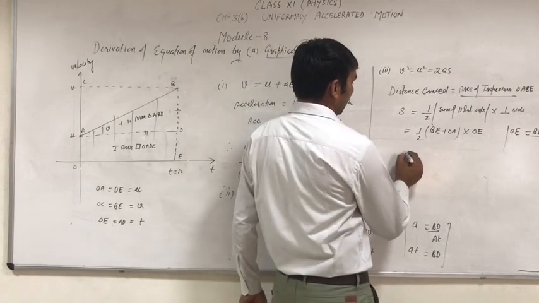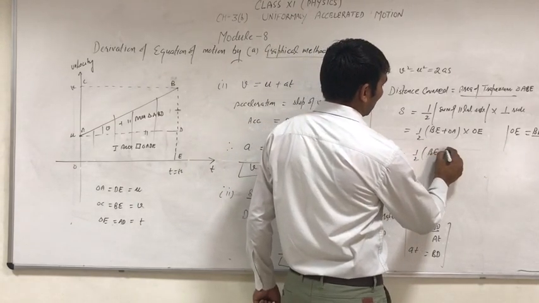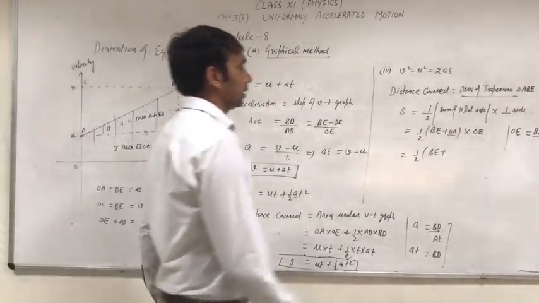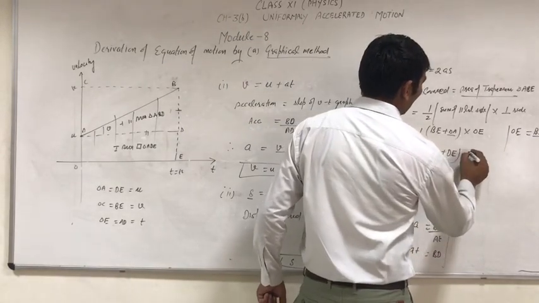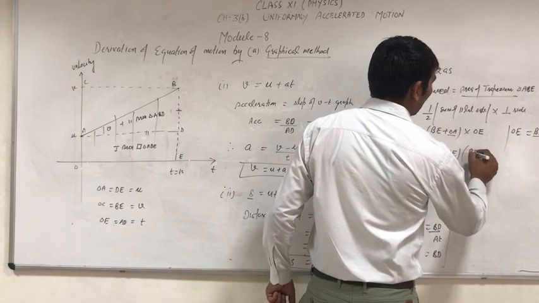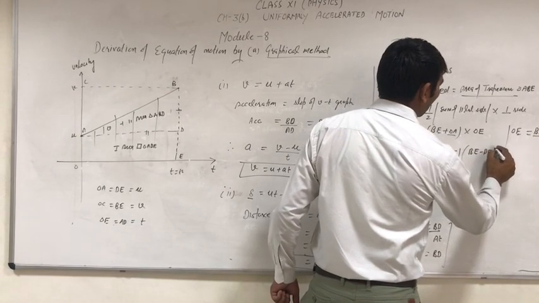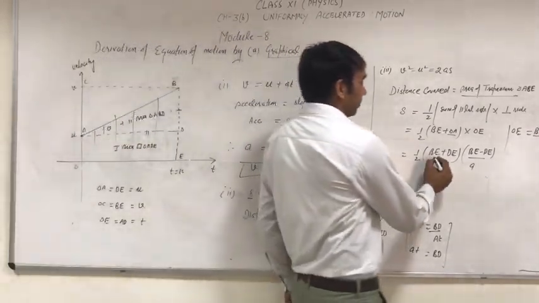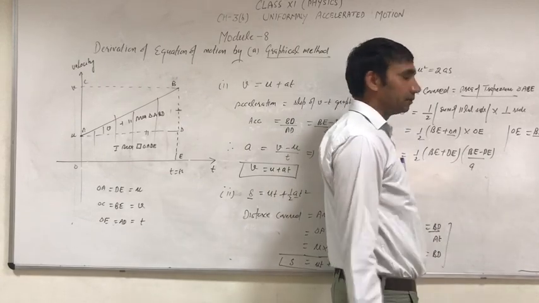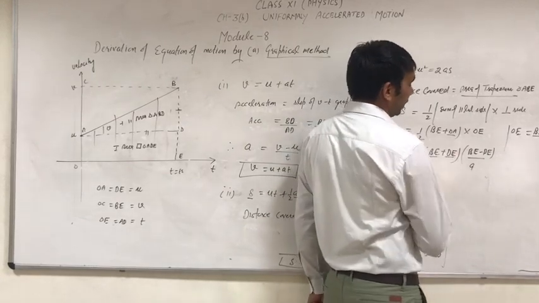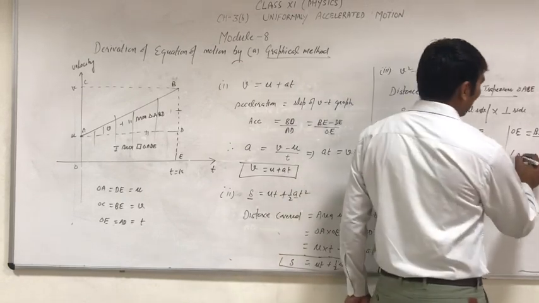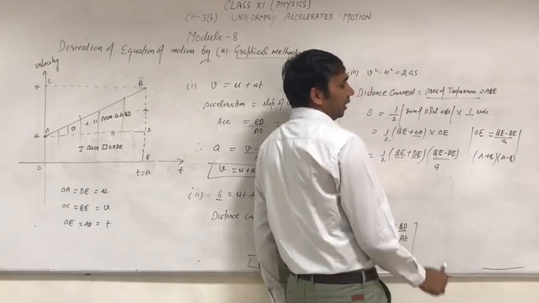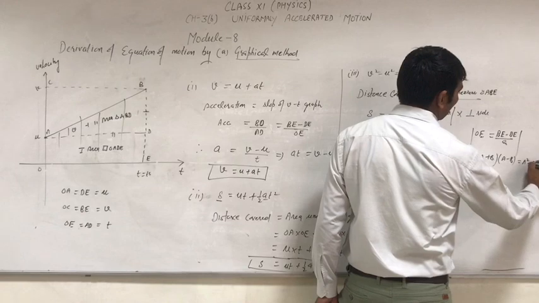Therefore 1 by 2 (BE plus OE) is equal to OA, which is equal to DE into (BE minus DE) upon A. BE plus DE, BE minus DE is like A plus B, A minus B, which is equal to A square minus B square.